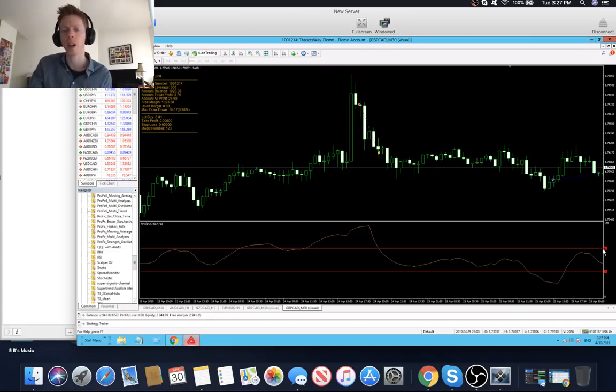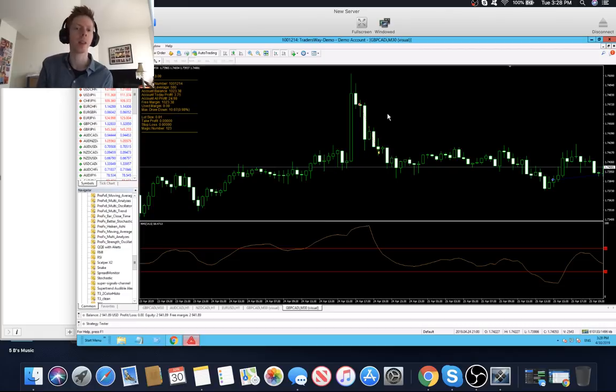The settings we have for it: when the RMI, the momentum, goes above the 65 level, we look for shorting or selling the market. And if it goes below the 35 level, we look for buying or putting in long orders, in anticipation of an overbought or oversold condition.